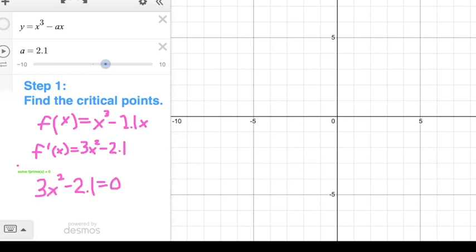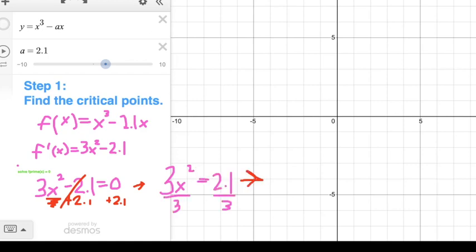Now, do I need the quadratic formula here or need to factor anything? Why not? Yeah, I only have one place the unknown appears, in an x squared, so I can isolate that unknown. So we're going to do the algebra, not to belabor it too much, just to nicely explain. Isolate that unknown, and I'm going to have 3x squared is equal to 2.1. So then I divide both sides by 3. Excellent.